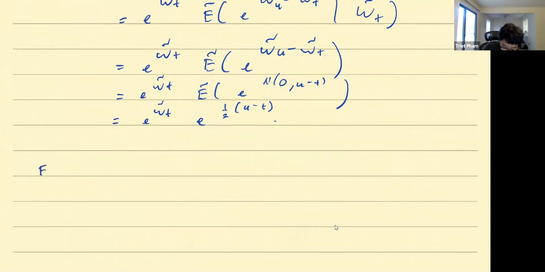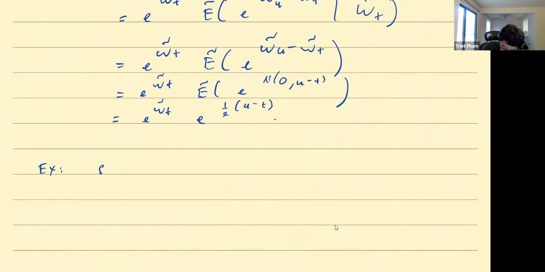And this time, let me drop the tilde. When it comes to Brownian motion alone, we just do calculations with Brownian motion, so we don't need to emphasize that we're in the risk neutral context. So let's say for s less than t, I want to compute the expectation of Wt squared conditioned on Ws.